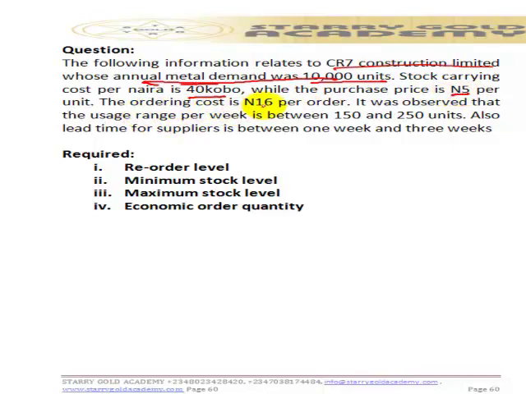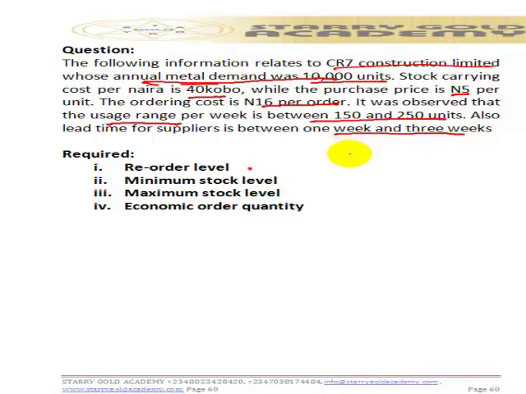The ordering cost is 16 naira per order. It was observed that the usage range per week is between 150 and 250 units, and the lead time for suppliers is between 1 week and 3 weeks. Required: calculate reorder level, minimum level, maximum level, and reorder quantity.